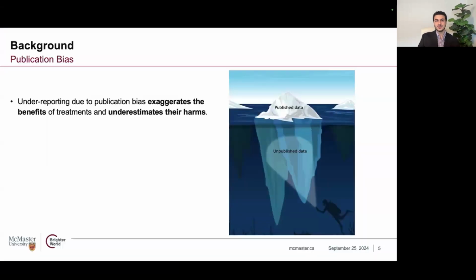So background, as you're all aware, publication bias leads to the exaggerated benefits of treatment and it underestimates their harms. Now, a very common, or I would say simple example to give is, say a certain researcher is analyzing one intervention, say one medication, and they recruit 100 patients to analyze. And let's just say that halfway through the project, the outcomes aren't as they'd expect, or there are too many side effects or too many adverse effects.